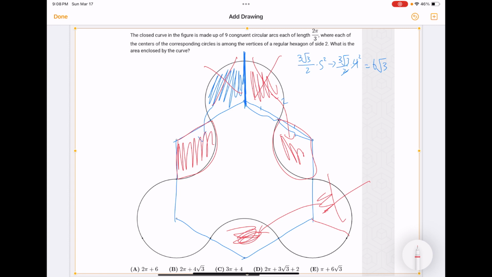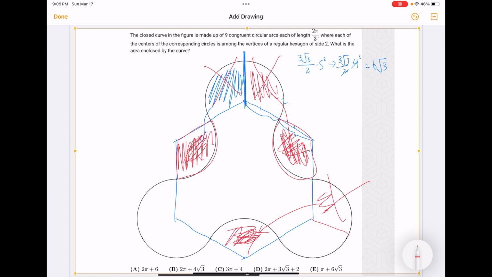The problem wants us to solve the area enclosed by the curve. So if you place these arcs in these spots, you are still solving the problem, because it's not like we are adding extra arcs. We're just simply taking the arcs that we need to add their area to and placing them in a different spot.